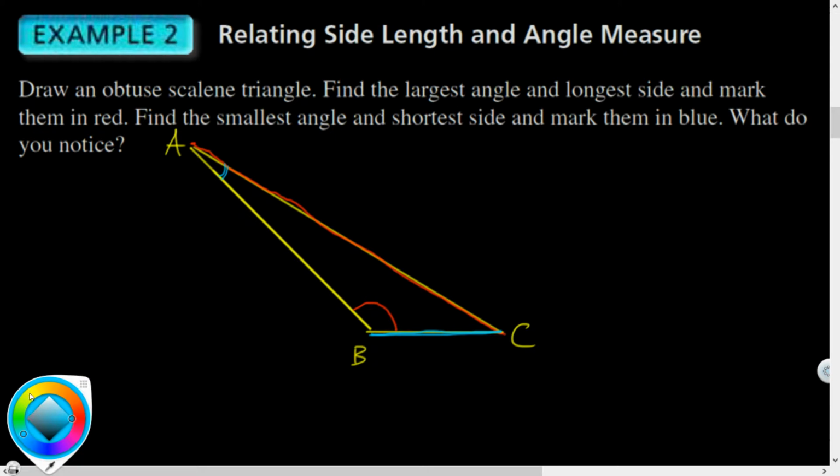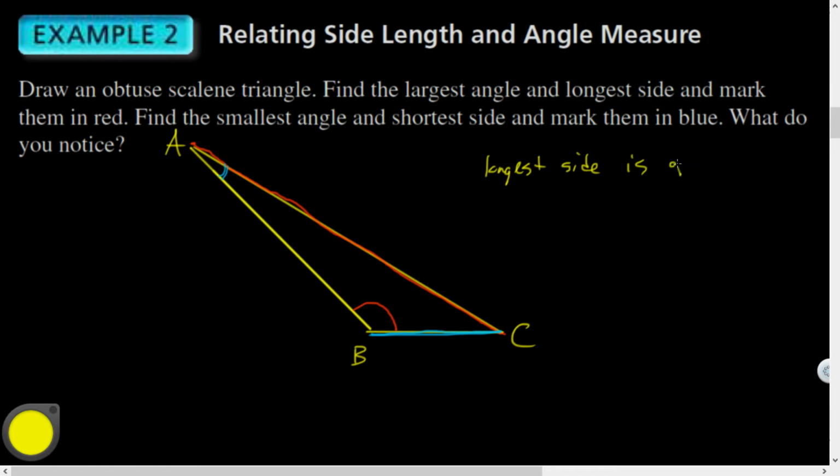It appears as though the longest side is opposite of which angle? B. The biggest angle.